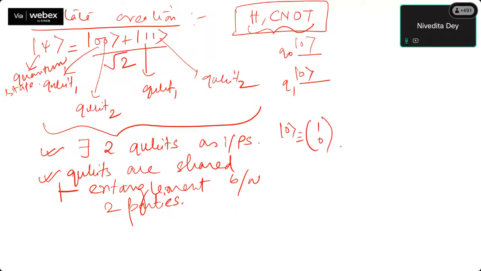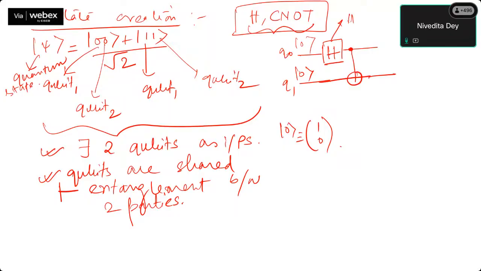Now we will apply a Hadamard gate on q0, not on q1, and then a CNOT gate.